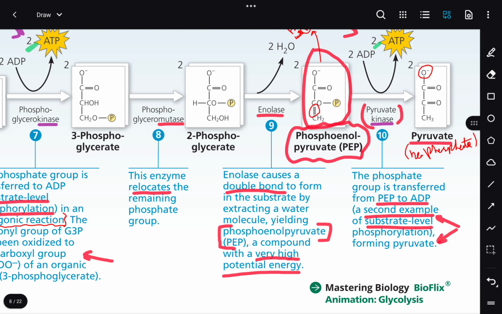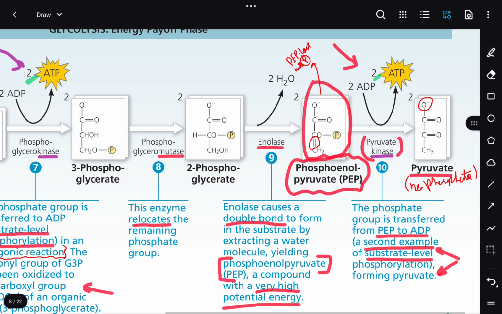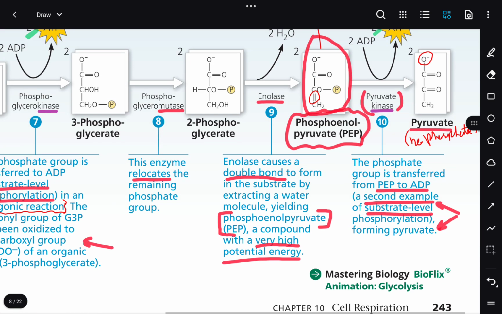Enolase does a very important thing. As we mentioned before, it's the double bonding between oxygen and carbon to strengthen the structure and to weaken the only part of the molecule that we need to dispose of to get pyruvate, which is the final phosphate group.